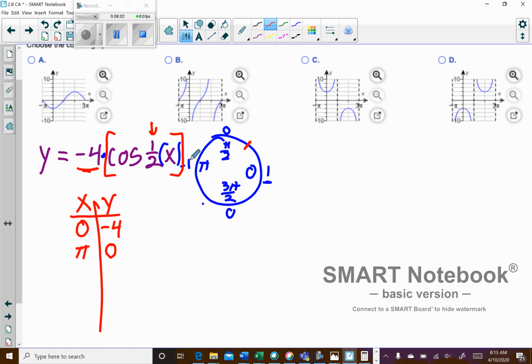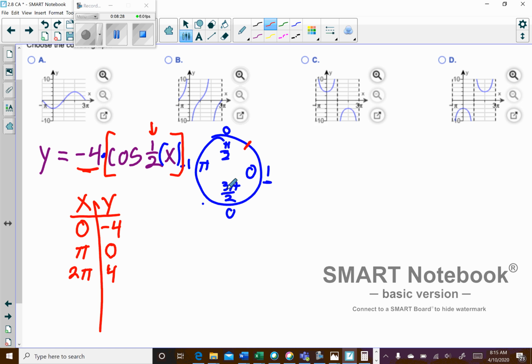Now I want to get my result for pi, but if I plug in pi, you can see it gets chopped in half, so I need to plug in 2 pi. And so then it turns into pi, which gives me a result of -1. -1 times -4 is +4. Then down here, I want to get 3 pi over 2, but once again, I have to take that into account.